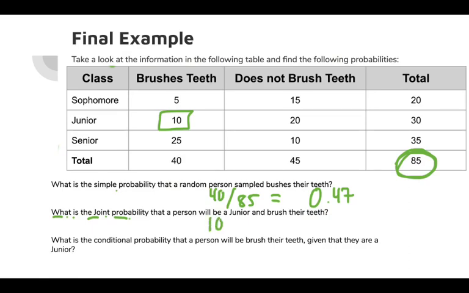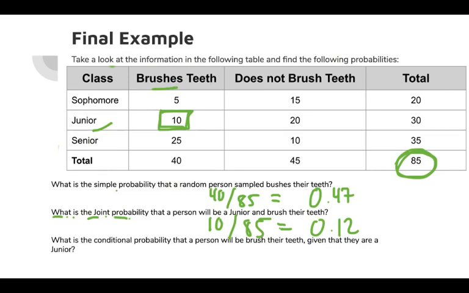So this is going to be 10 over the total 85 individuals that I sampled, because these are the only individuals that are brushing their teeth and juniors. That works out to be 12%, or 0.12, okay? As the probability, or you have a 12% chance of finding someone that is a junior and brushing their teeth.